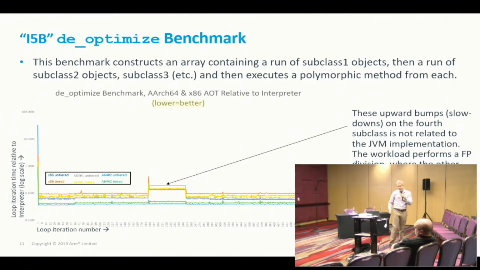To do that, the performance is going to drop really significantly while it's regathering new statistics about how the code runs. Now, in the case of AOT, you have the advantage that you don't have to drop back into the interpreter. You could drop back instead to the code that you compiled ahead of time, in which case we would expect that the performance upon de-optimization would not go down anywhere near as much as if it had to drop back into the interpreter.